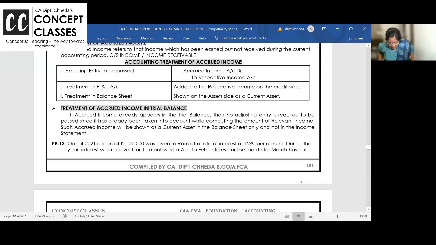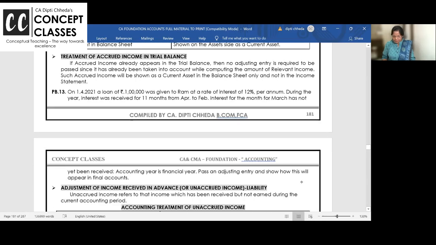If accrued income is already given in the trial balance, no adjustment entry is required to be passed. Such accrued income will be shown as current assets in the balance sheet only and not in the income statement. Clear?